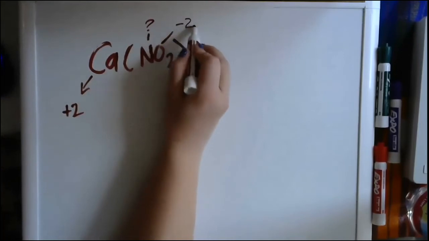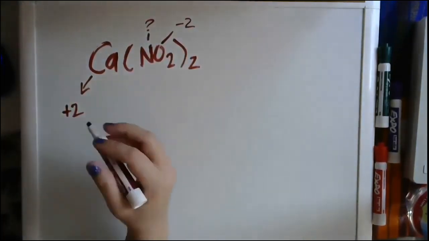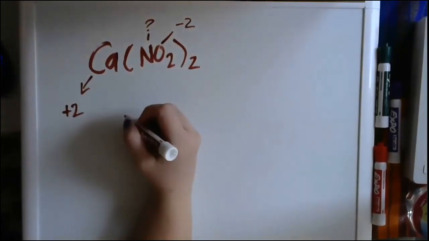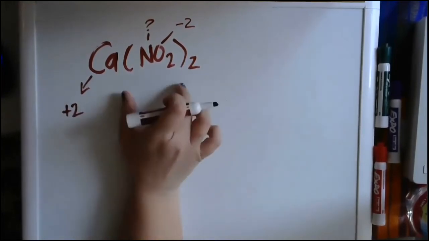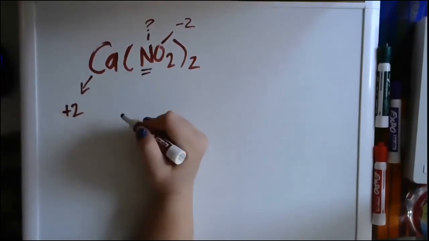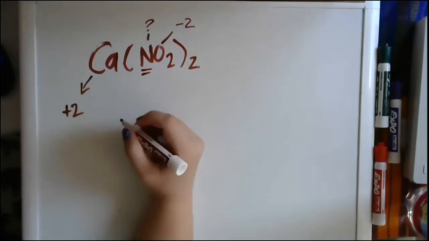We know that each oxygen has a -2 oxidation state. So we can solve it out this way. If you don't want to break it up into the ion form, you can look at it as just a neutral compound and figure out the oxidation state of your last remaining atom that way.